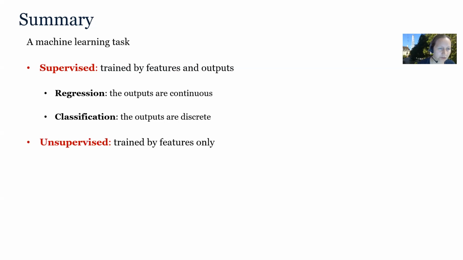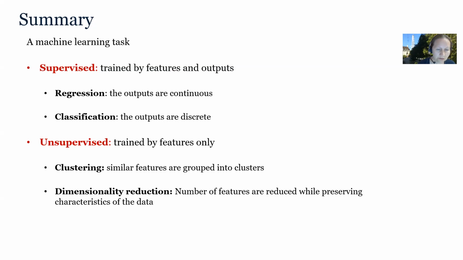And the machine learning task is unsupervised if it's trained by features only. Clustering is a type of unsupervised task where similar features are grouped into clusters. And dimensionality reduction is a task where the number of features is reduced while preserving characteristics of the data.